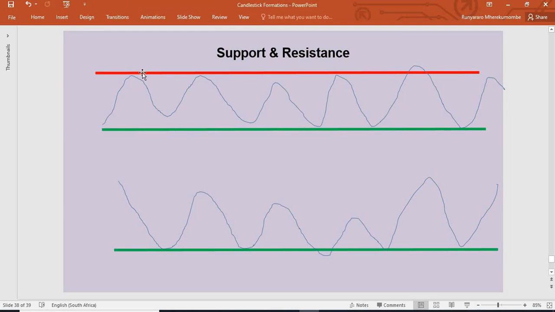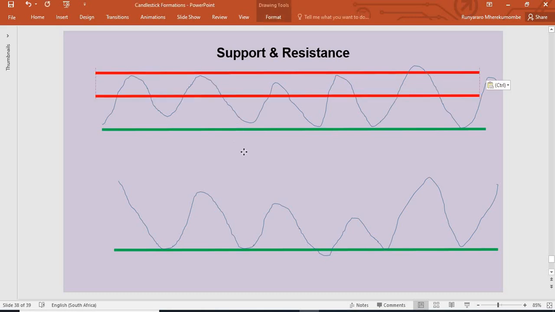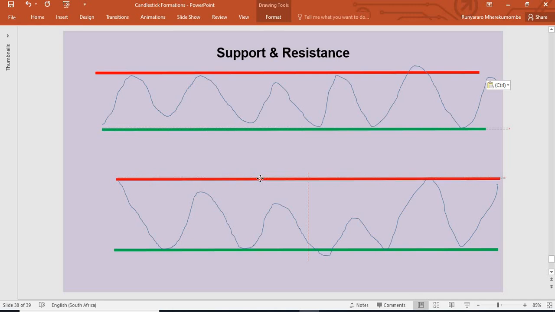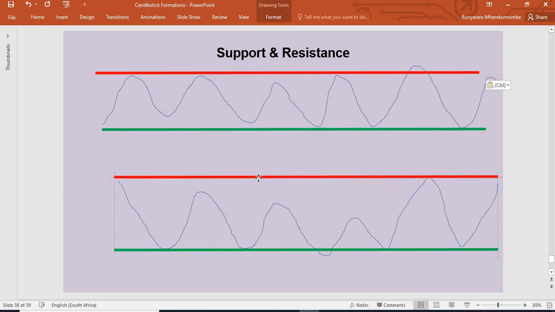So in other words, we have horizontal channels. So this would be the support for this price. Then we can also copy here and say this is the resistance for that price. So we would expect price to go up and down respecting the resistance and the support.